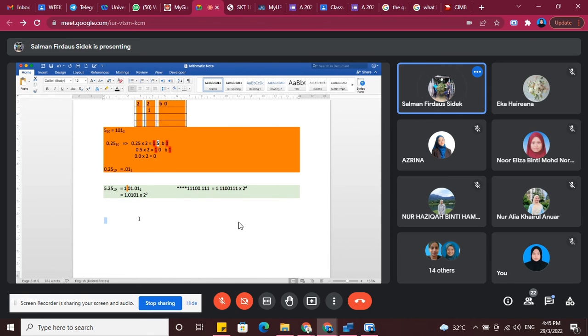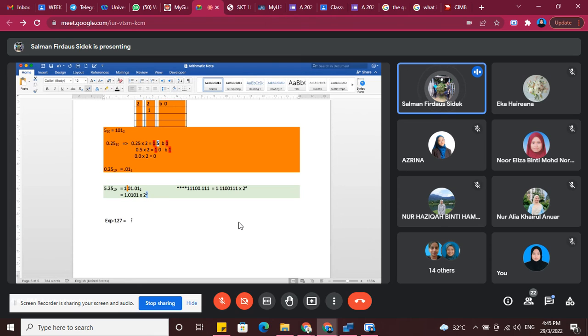Okay, you use this formula: exponent minus 127 is equal to how many you jump. Here, you jump how many times in this question? Lompat berapa kali tadi? 2. So it's equal to 2.